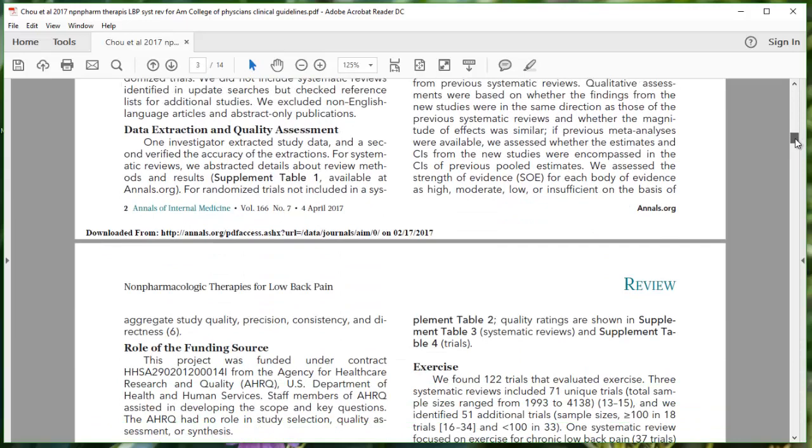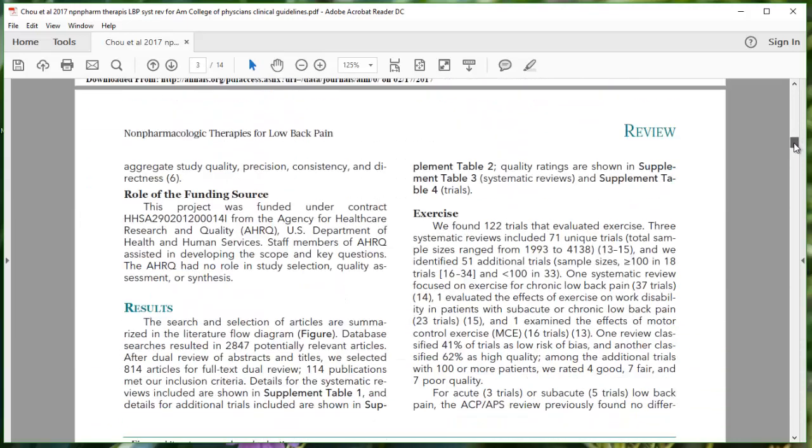So after we go through the methods, we want to get to, oh yes, and the funding source, just real quick, the role of the funding source. Funding sources are important to get research done. This does not always imply that there was bias. It just means the researchers got paid. The Agency for Healthcare Research and Quality is one of the places, part of the U.S. government system, DHHS, that funds research.